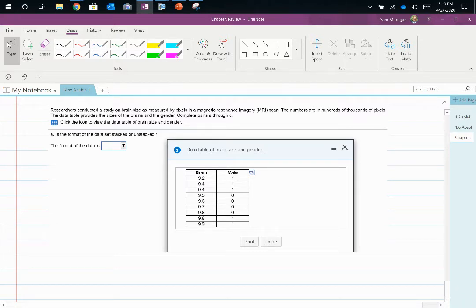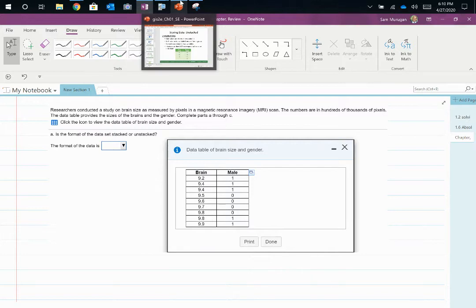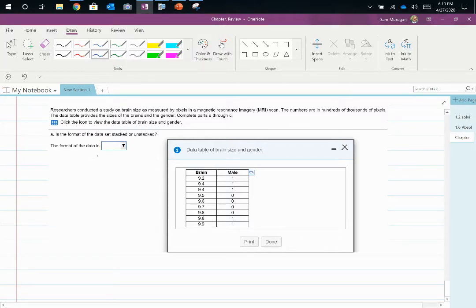The data provides the sizes of the brain and gender. Compare complete parts A through C. So part A is saying the format of the data, and obviously this data can be regarded as stacked data, right? Stacked data.